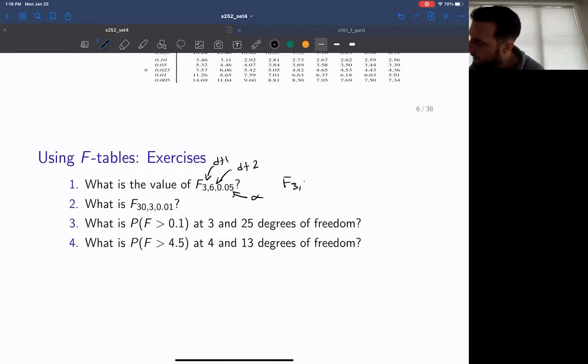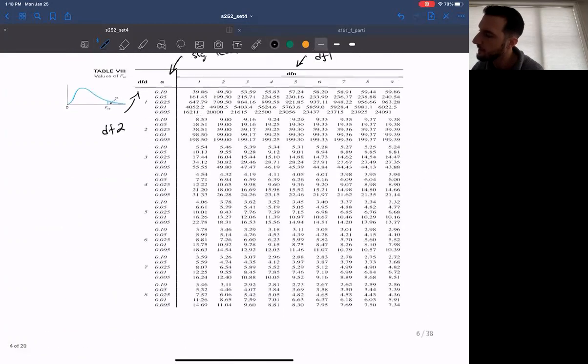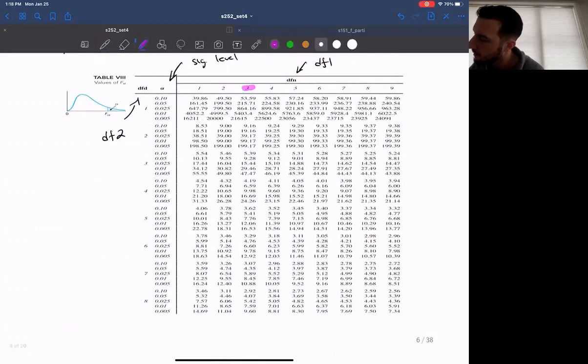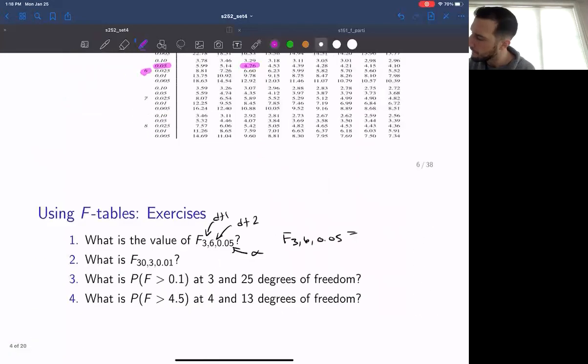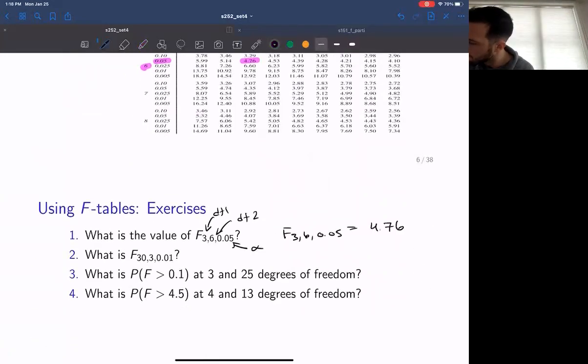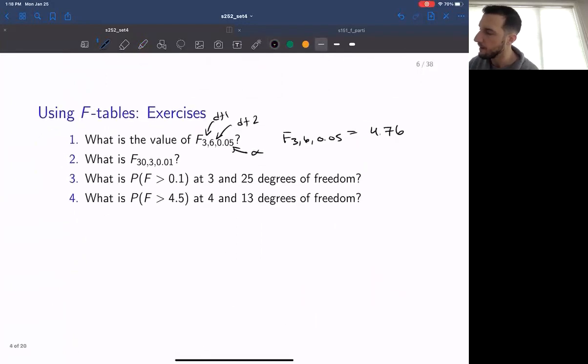So F3, 6, 0.05 is going to be 4.76. So again, just a 3-way match. For the critical value anyways, it's a 3-way match between DF1, DF2, and the significance level. And I guess I'll just leave it up here for now.